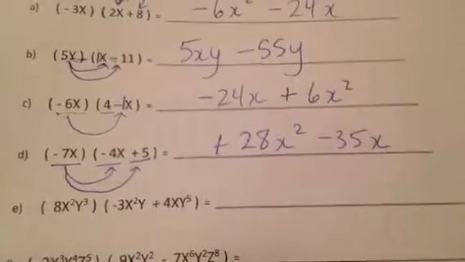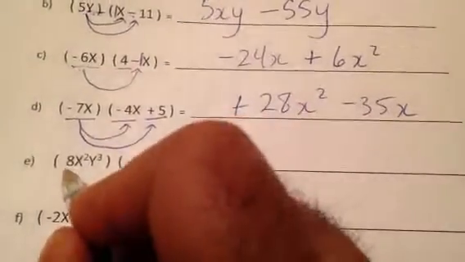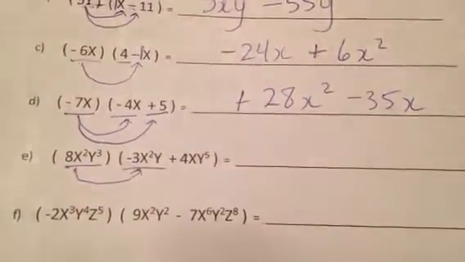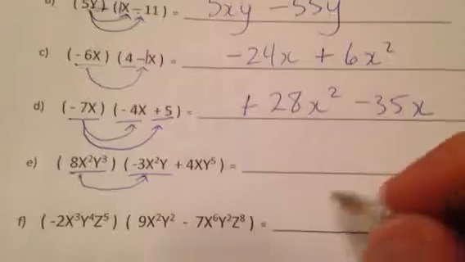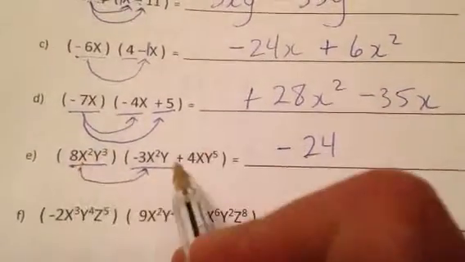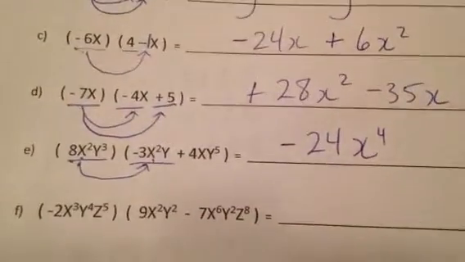No x squared there. Okay, now it gets a little more complicated. We have this times this. Again, we just multiply the coefficients. So 8 times negative 3, negative 24. X squared, keep the x, add the exponents, x4.